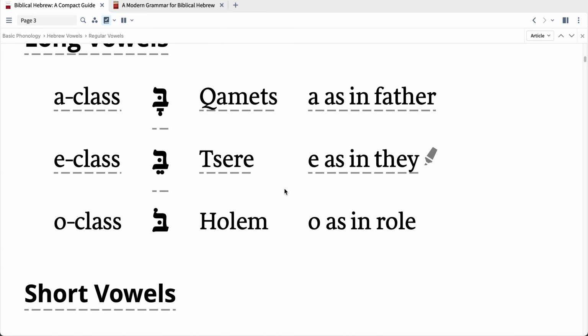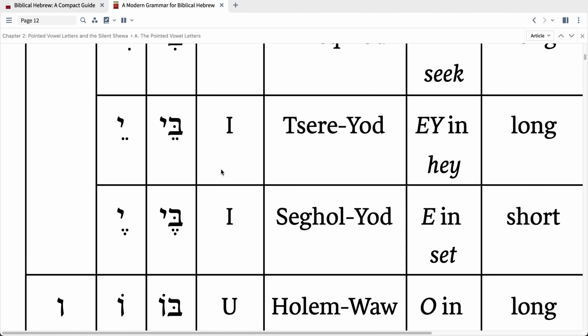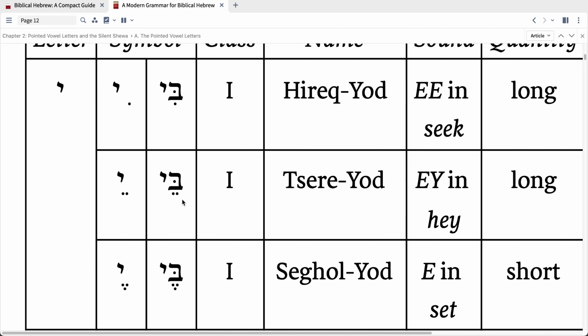They don't have it in this particular grammar book. Maybe this one. Here it is. So here you see this one shows what it would look like, the 2 dots with the yod after it. So that is the same as just it appearing by itself with the 2 dots by itself.